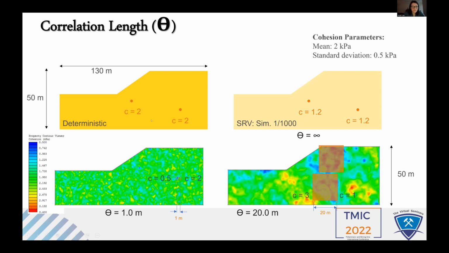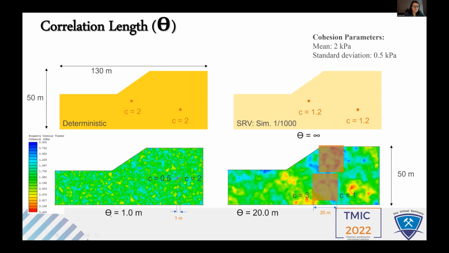So in the deterministic case, the correlation length is infinity because cohesion is the same throughout. Similarly, in the SRV approach, correlation length is infinity because we assign the same cohesion value throughout.